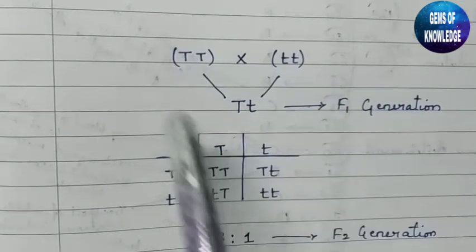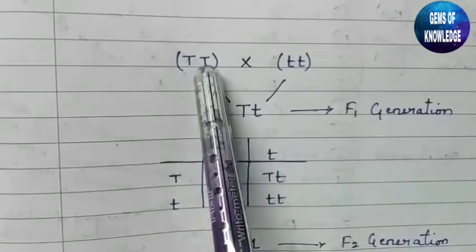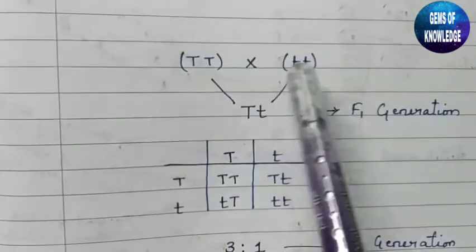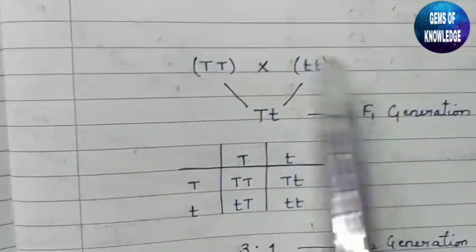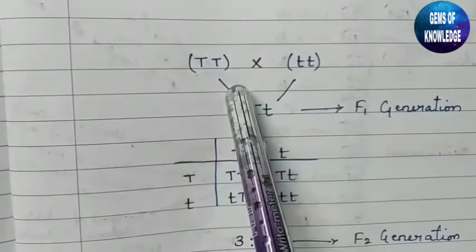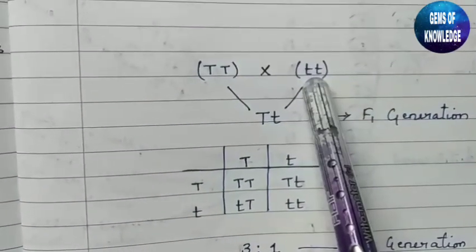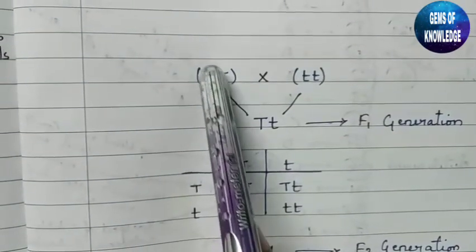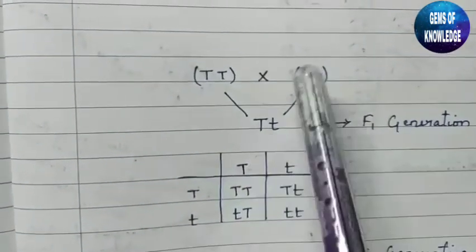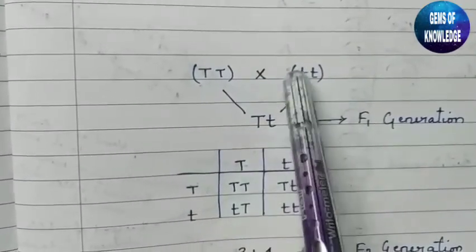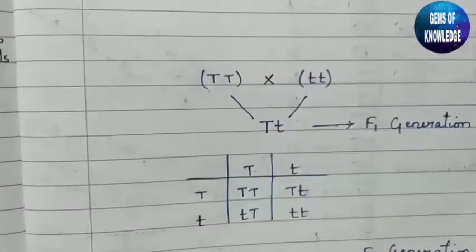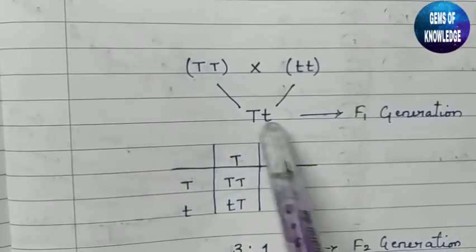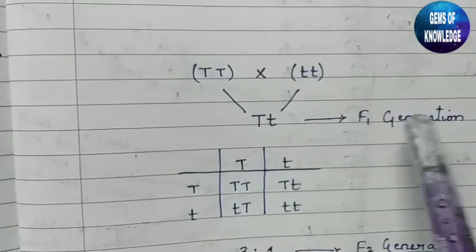Okay, so you can see here when the capital T is crossed with small t, that is tall pea plant as well as short pea plant, what we are going to get in the F1 generation is one character from this part, that is capital T, and one character from this part. Okay, that is we are going to get capital T and small t. This is in the case of F1 generation.